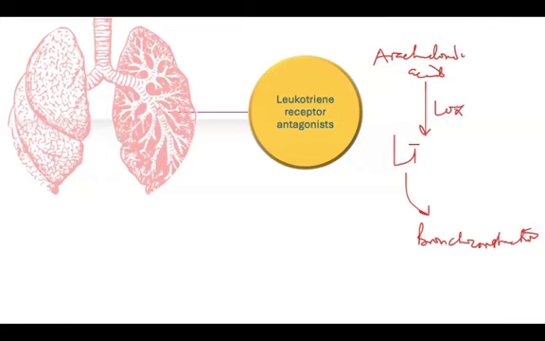Now, we could decide to block this enzyme and then reduce the production of leukotrienes. There are drugs that work like that, but we'll talk about them later because they are not bronchodilators. But then we could also give a drug that blocks the receptor on which the leukotrienes act. And so instead of bronchoconstriction, we have bronchodilation.